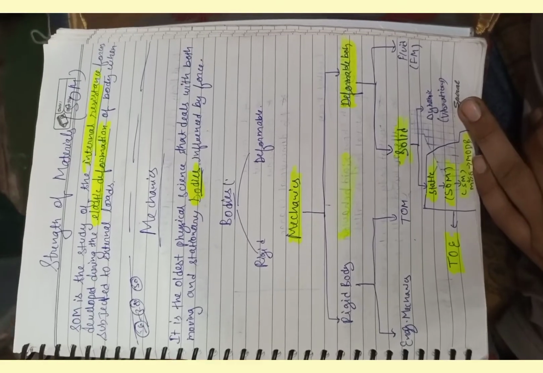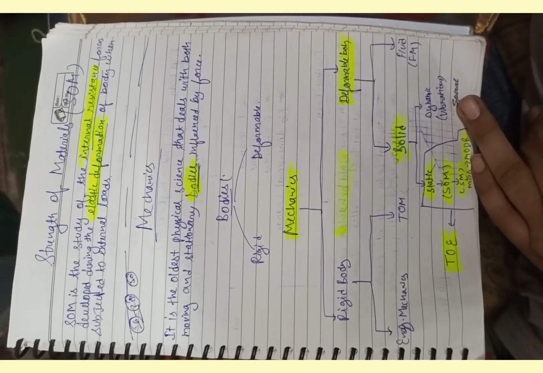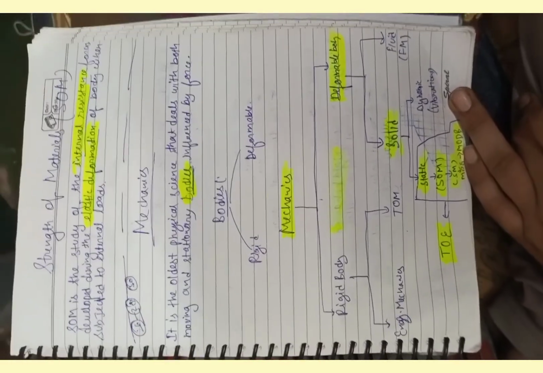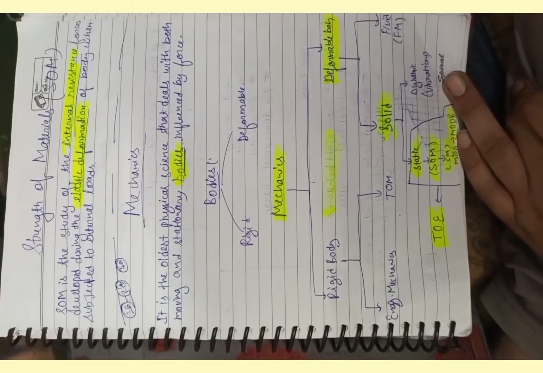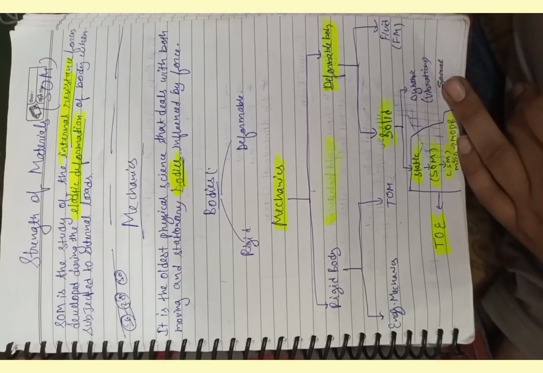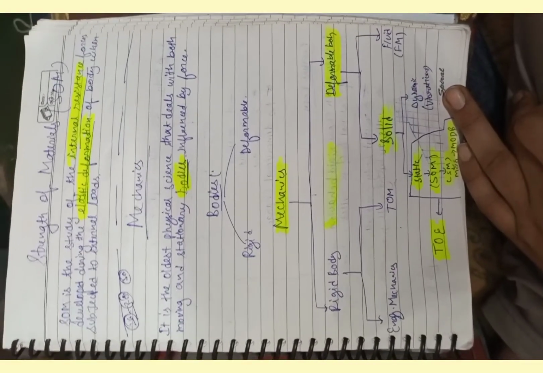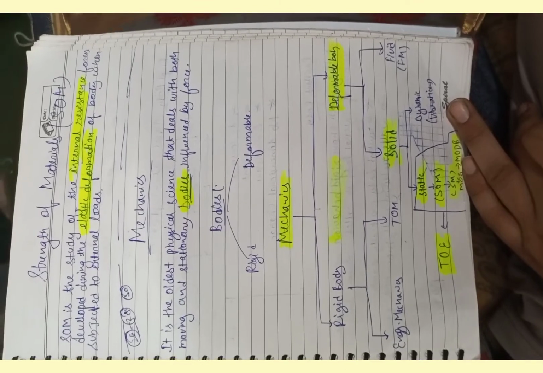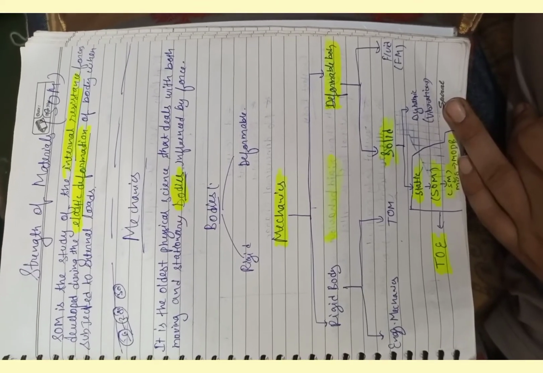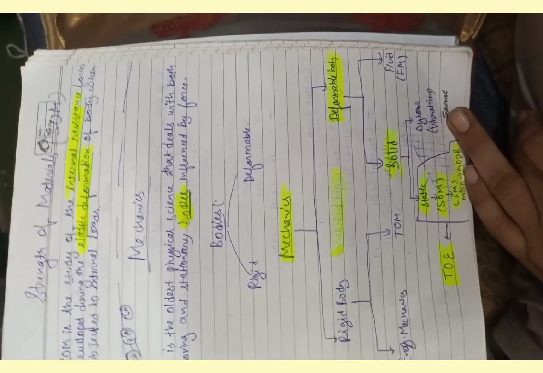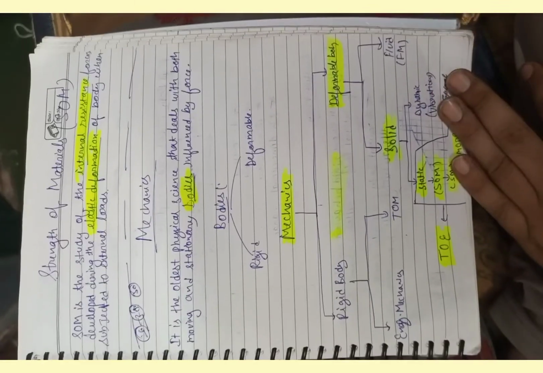That is the elastic deformation of a body. And plastic deformation is permanent. If we stretch a steel bar in the universal testing machine or tensile testing machine, then the shape will change, it will increase in length.